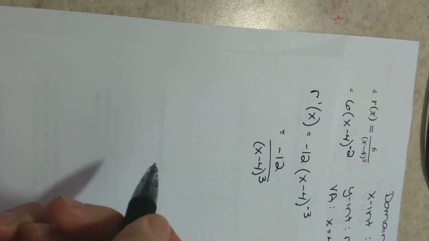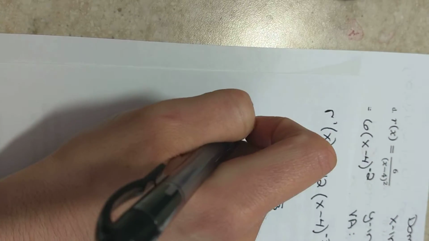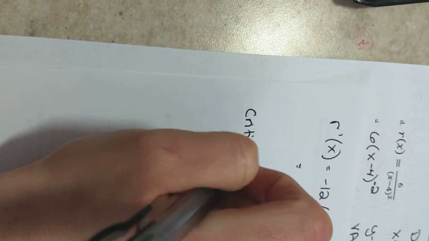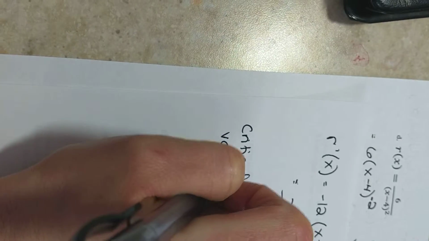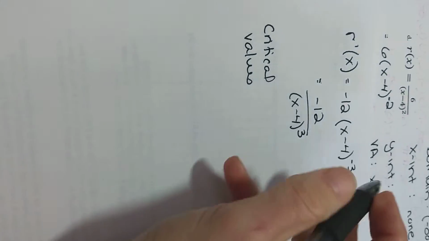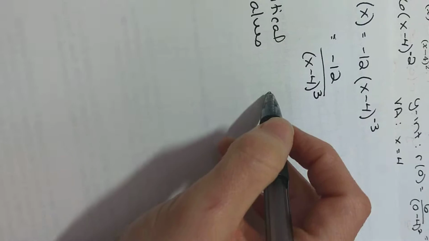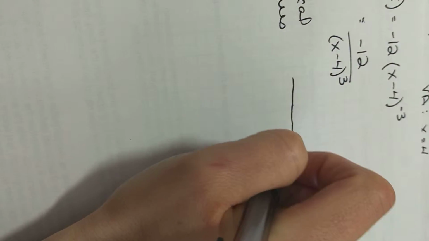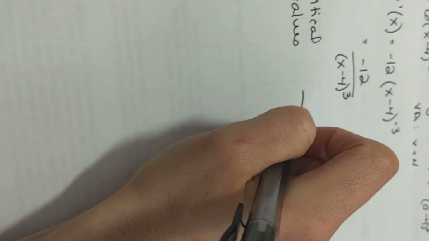Now, as we take a look at this, we need to find our critical values. Our critical values are where the first derivative equals 0 or is undefined. For this case, we can never get the numerator to equal 0.